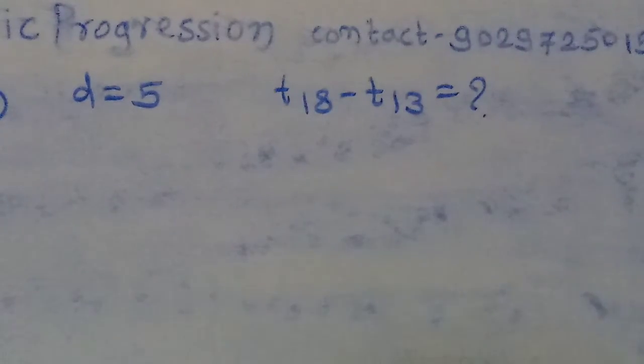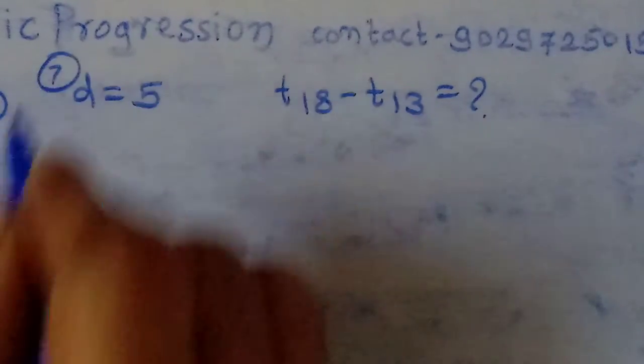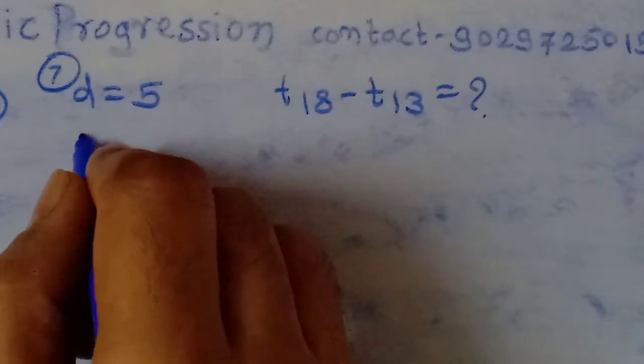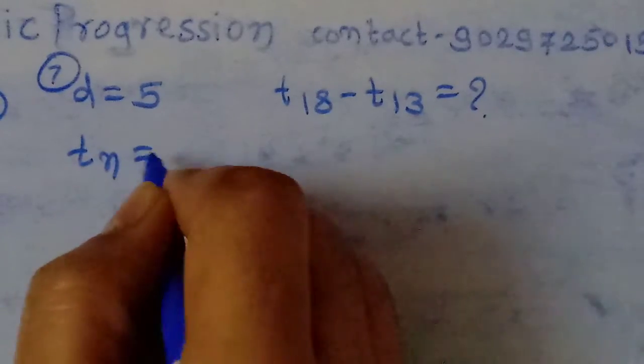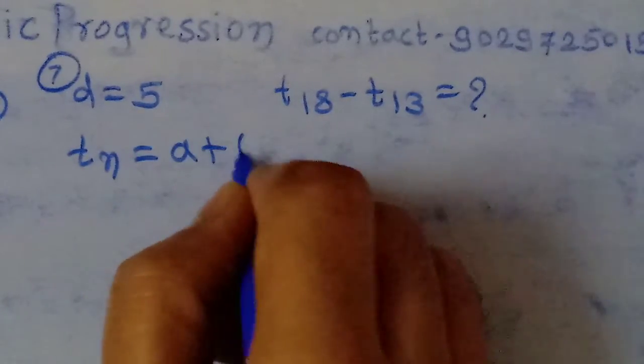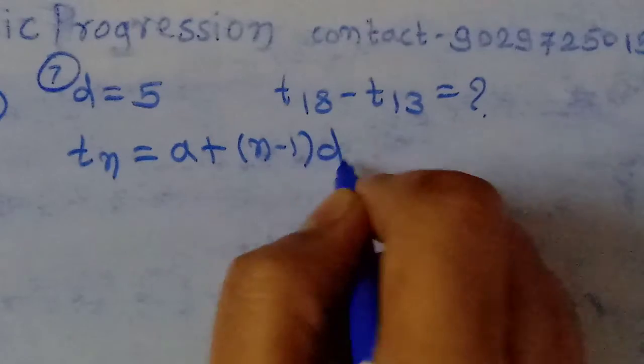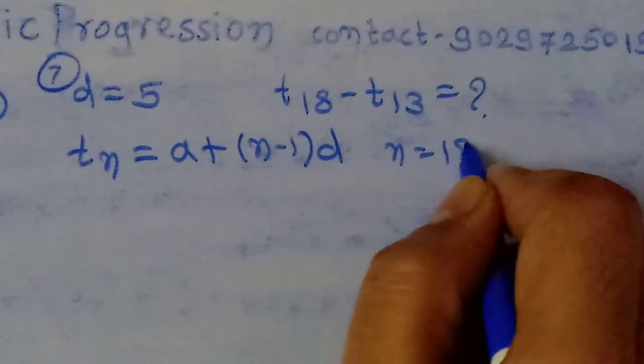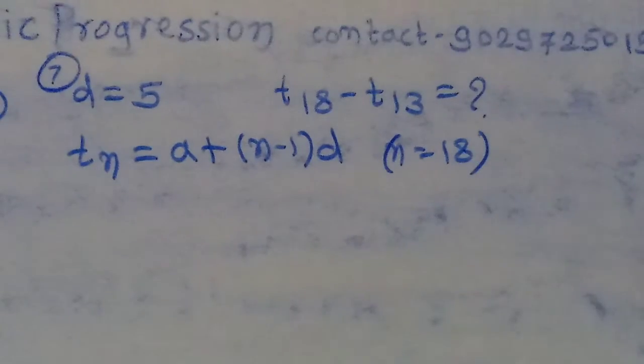Now question number 7, D is equal to 5. We have to find out T18 minus T13. First I write T18. The formula is Tn is equal to A plus n minus 1 into D. I take n is equal to 18 because T18 is given.